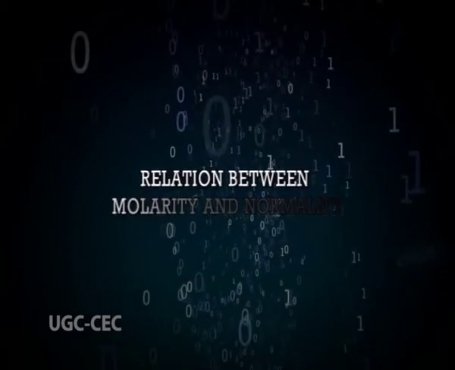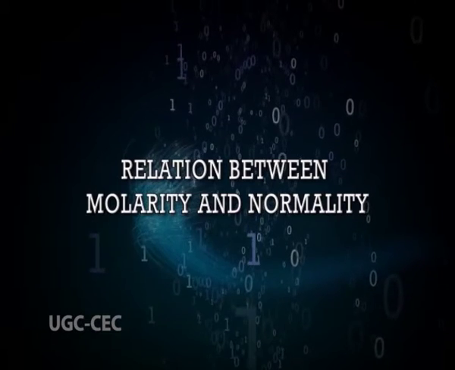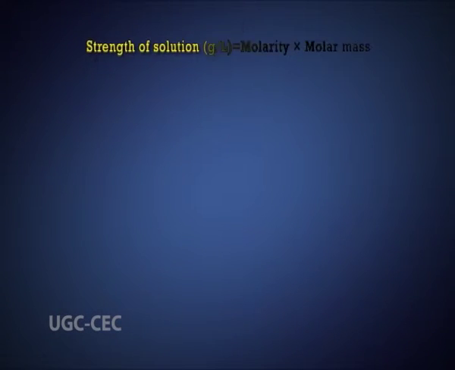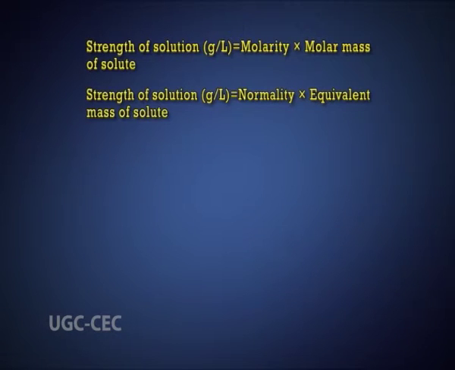Now coming to the relation between molarity and normality. Strength of solution in gram per liter is equal to molarity into molar mass of solute, or strength of solution in gram per liter is equal to normality into equivalent mass of solute.